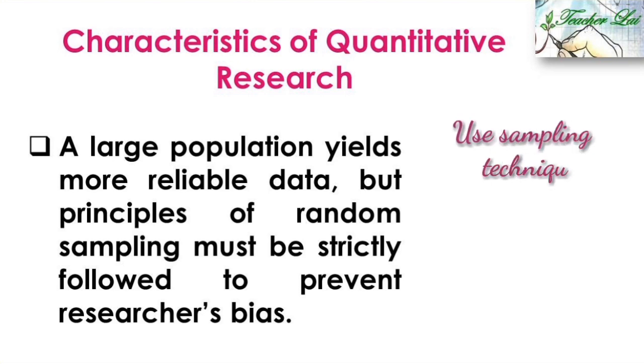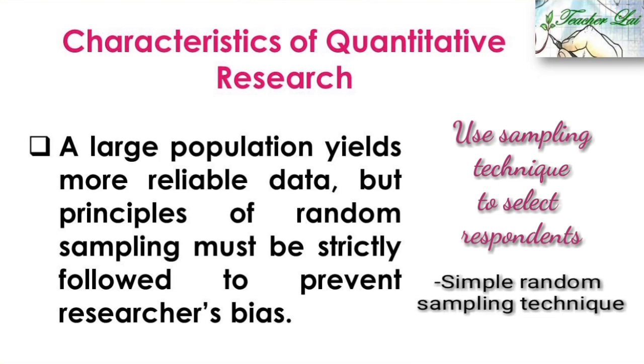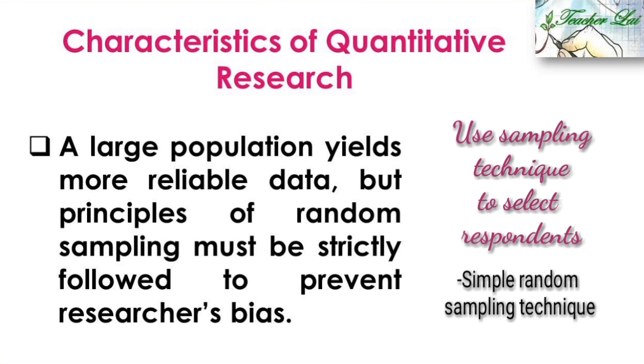There are various sampling techniques that you may use in selecting your samples from the population, like simple random sampling technique, which is the most famous random sampling technique. In that case, items to be selected for the sample are chosen randomly from the population.